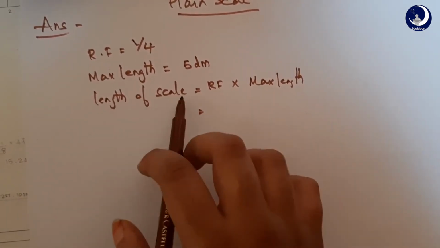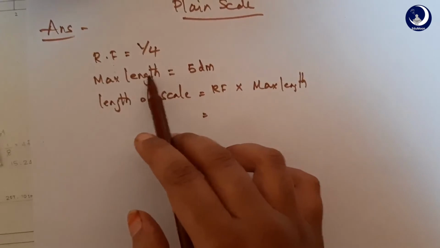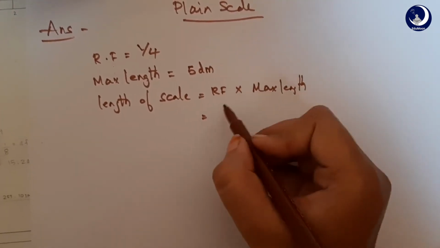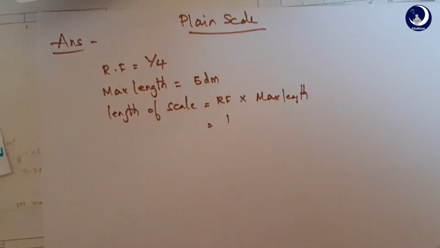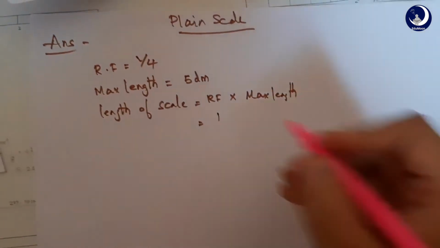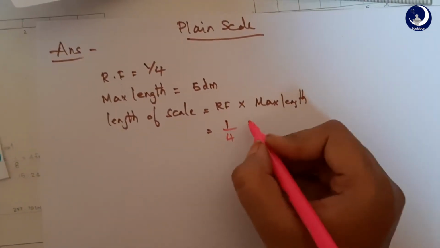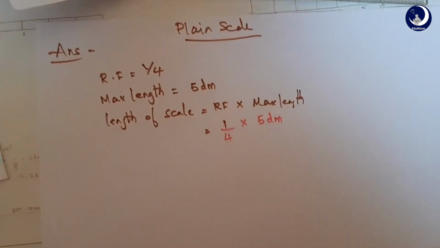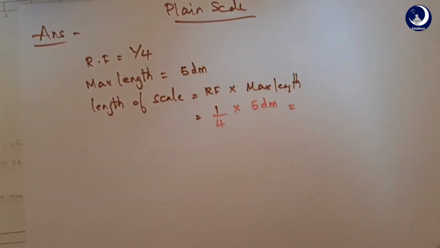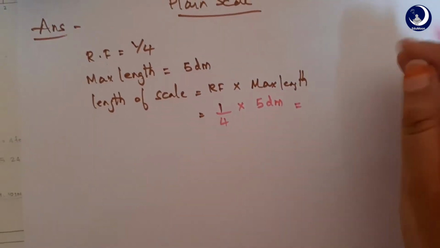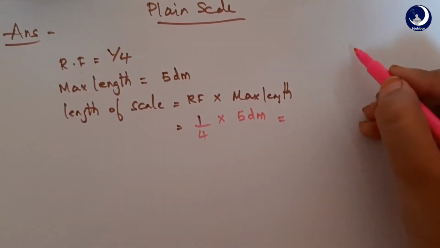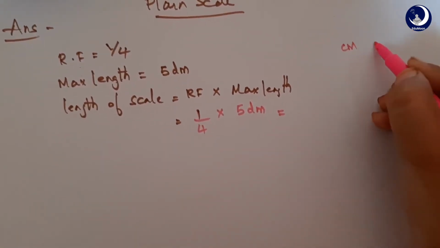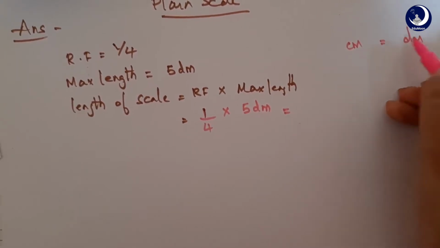That is, length of the scale is equal to RF into maximum length. So that is 1/4 into 5 decimeters.